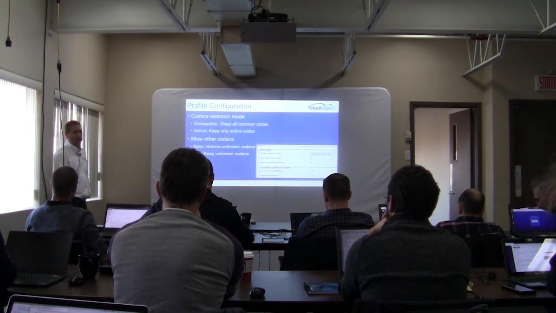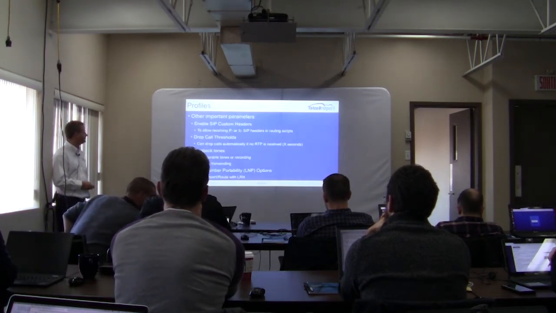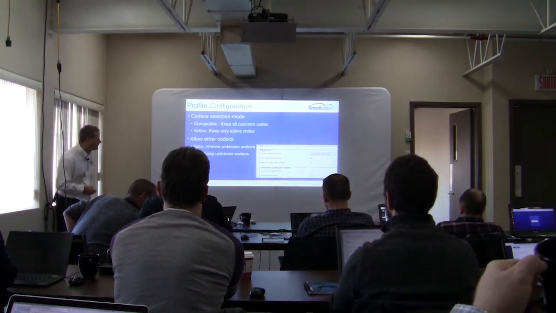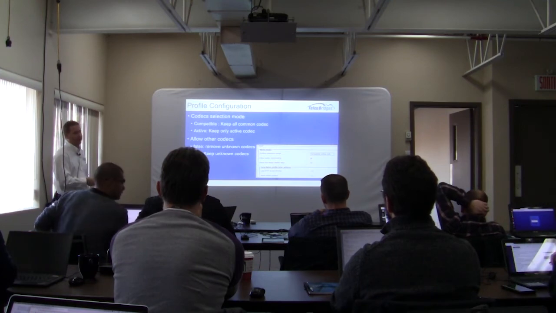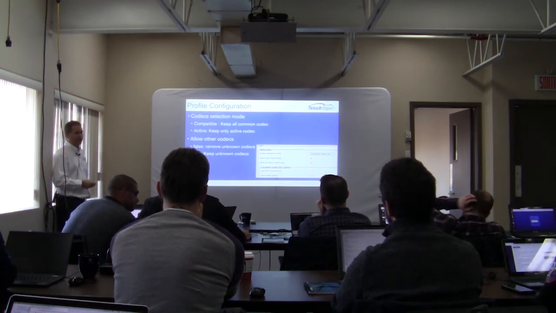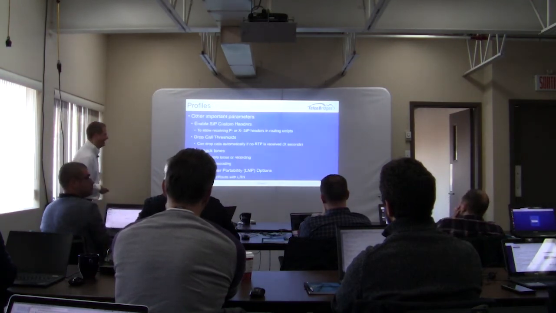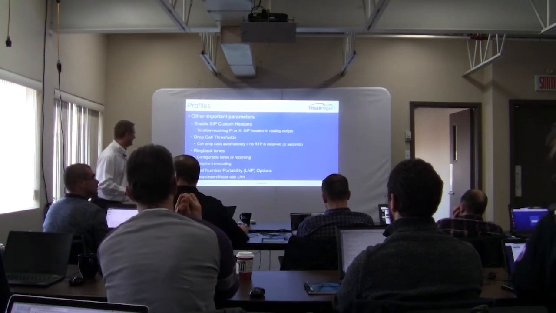We can still support it. Allow other codecs. Allow low media should always be checked. Allow audio transcoding only if you have a transcoding device. And RTP no anchoring is for James. The only one.